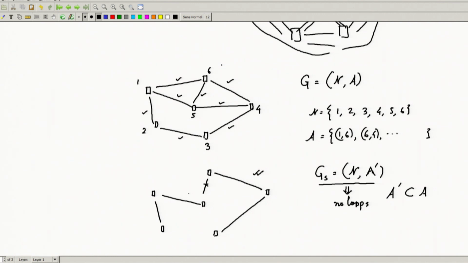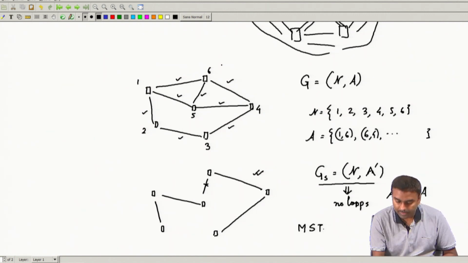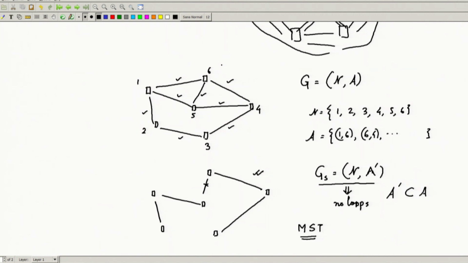Now, among spanning trees we can also have the concept of a minimum spanning tree, MST. A minimum spanning tree means these links have some cost values. Say they are 1, 2, 3, 1, 5, 7, 10, 11, something like that.